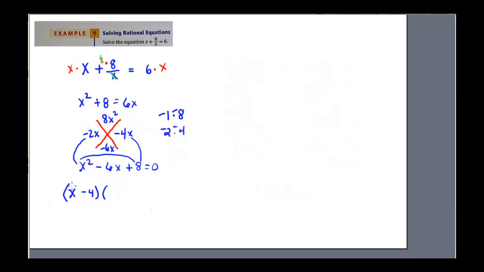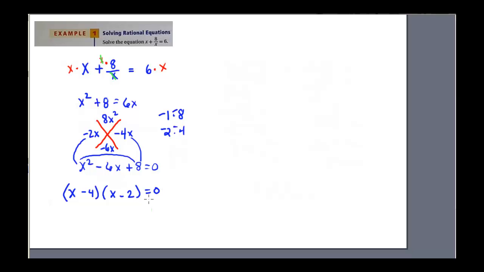Now, x times something has to be x squared. That something is x. Negative 4 times something has to give me positive 8. That something is negative 2. So x squared minus 6x plus 8 factors into x minus 4 times x minus 2.